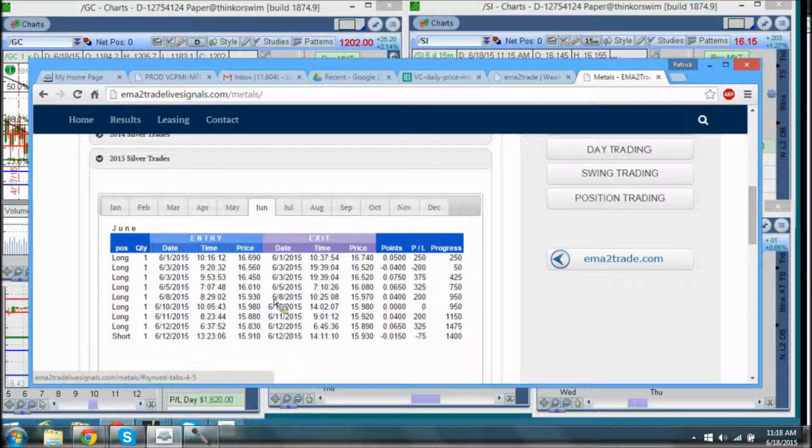You are the master of your account. We don't tell you what to do, except that we give you the intelligence of entry and exit that's showing 94% profitable trades. What you do with that information, once again, is up to you and your ability and your experience in trading these markets.